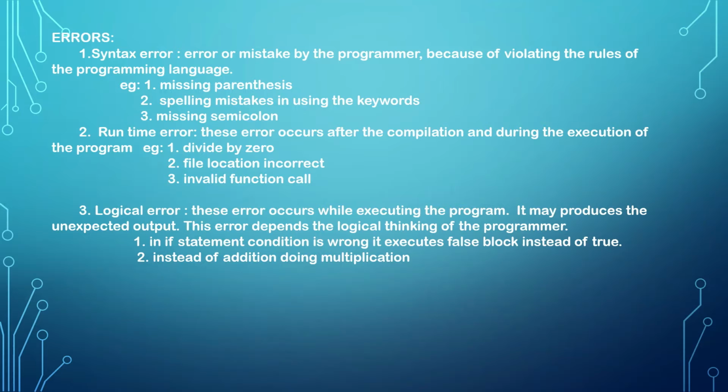For example, giving the wrong conditions in the if statement, invalid while loop conditions, or doing multiplication instead of addition. These types of errors are logical errors, which are made by the programmer. It will produce a result, but it is not an accurate and expected result.